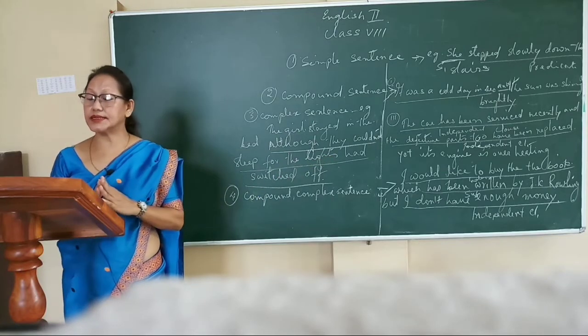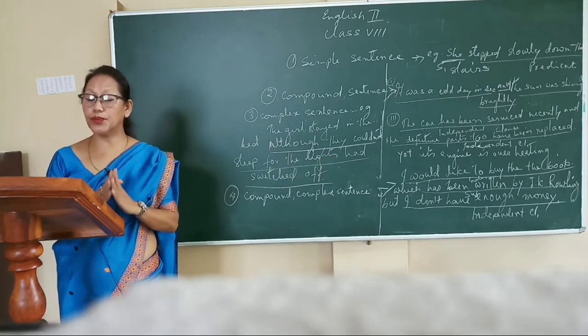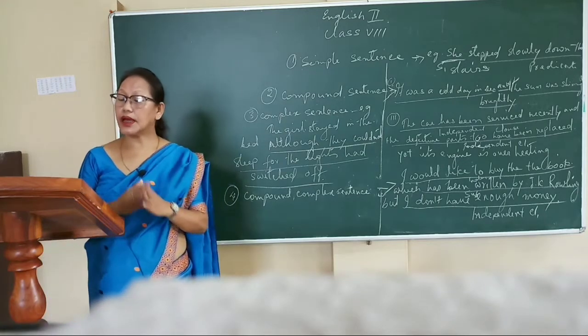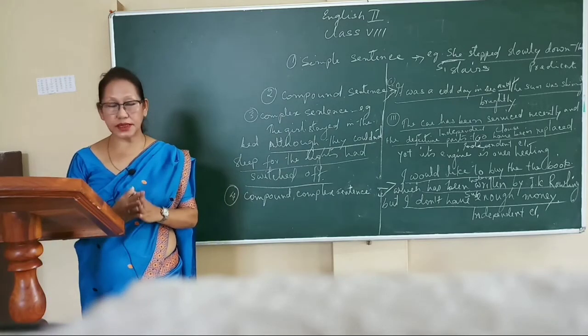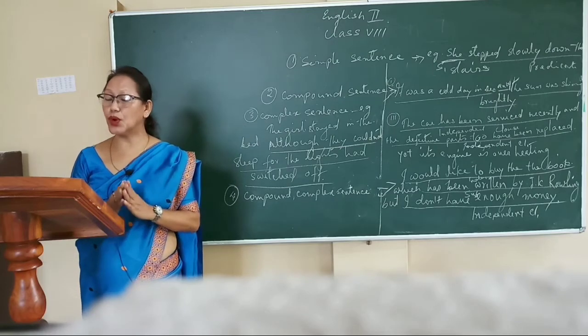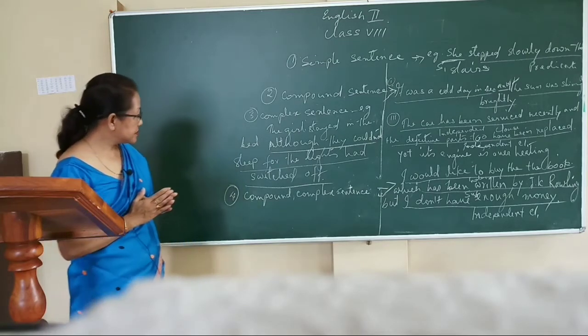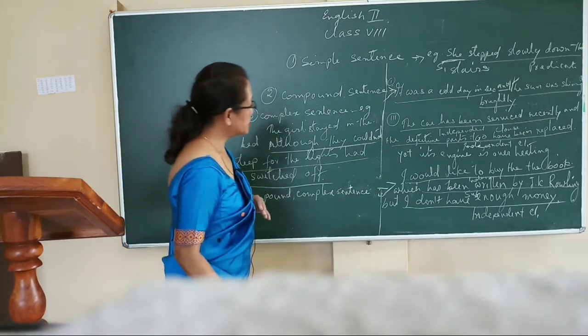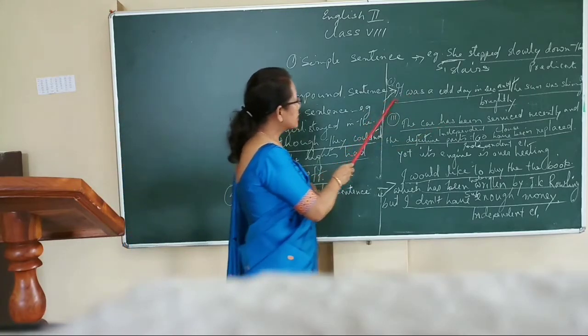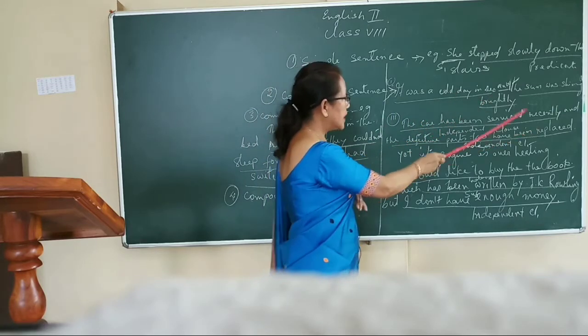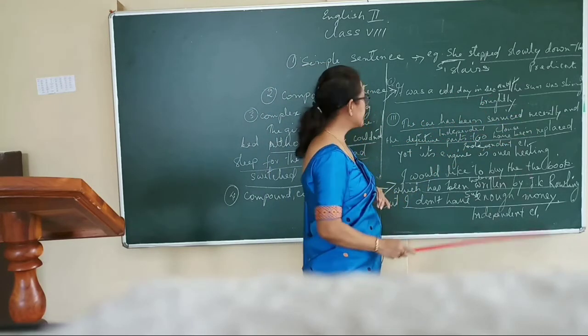A compound sentence consists of 2 or more independent clauses. Again, I repeat, a compound sentence consists of 2 or more independent clauses. For example, it was a cold day in December and the sun was shining brightly.